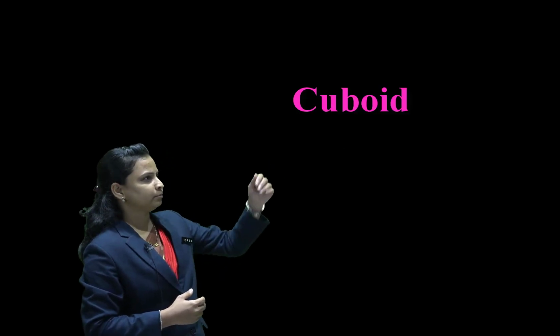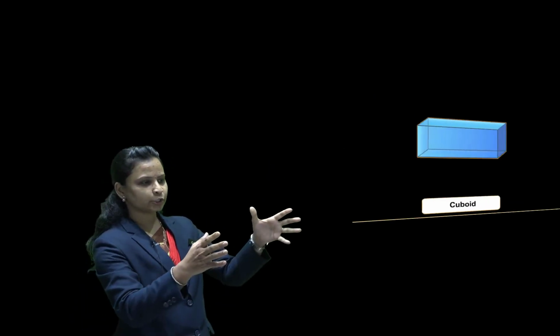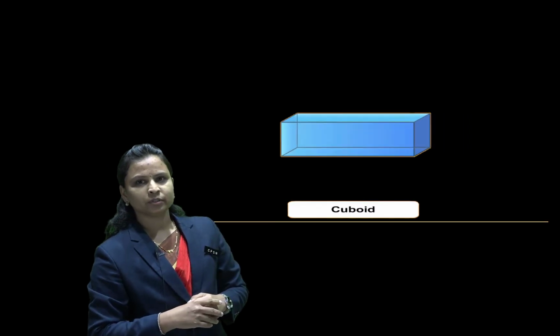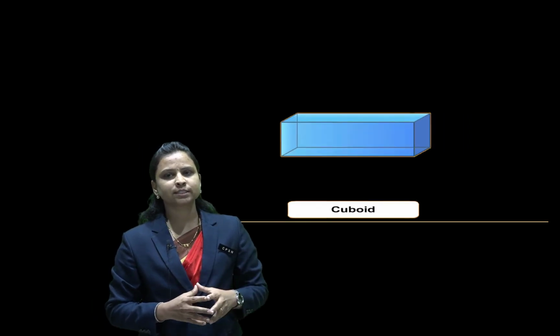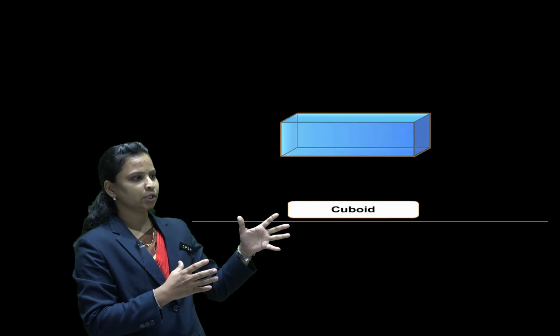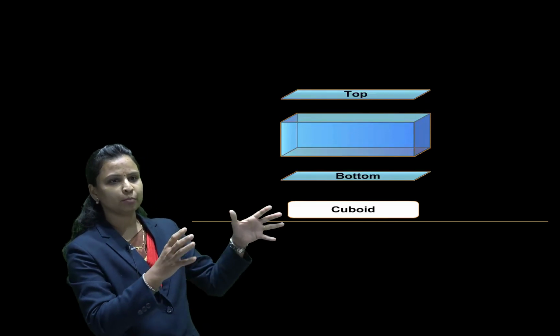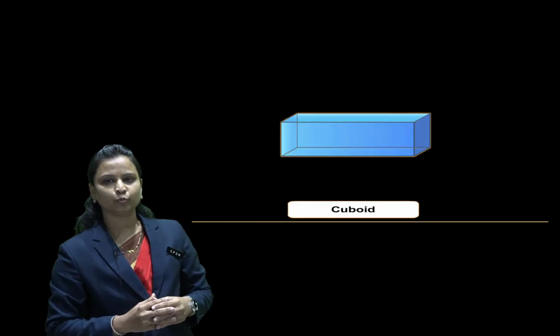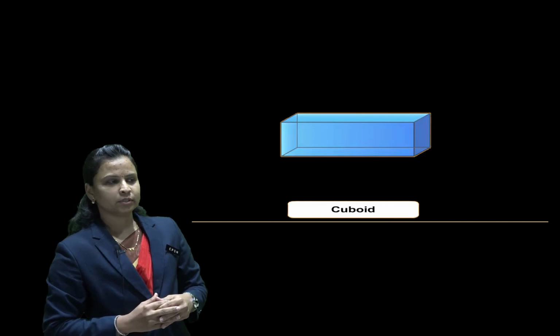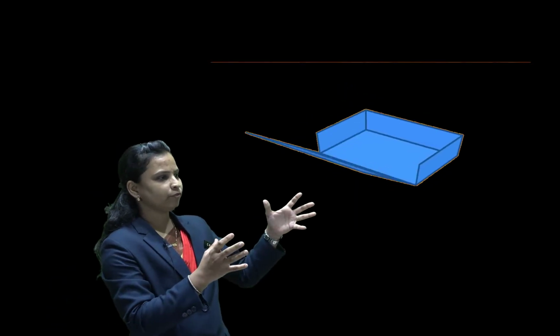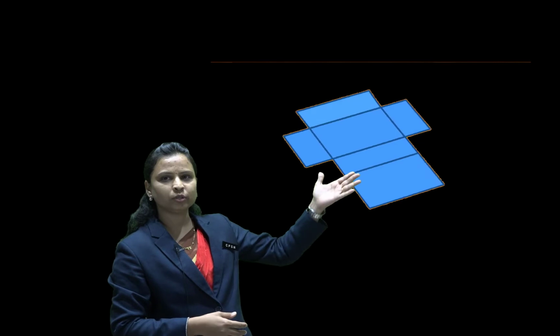See cuboid. Look at this cuboid. We have used 6 rectangular pieces to cover up all the outer area of a cuboid. This figure, when opened out, would look like this.